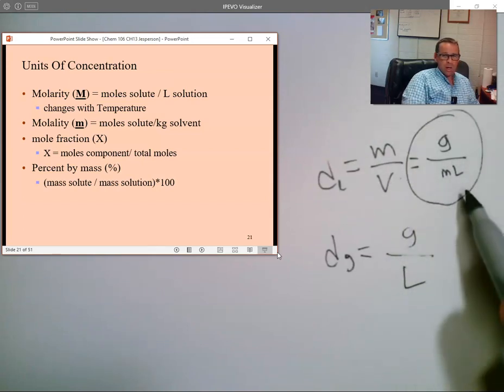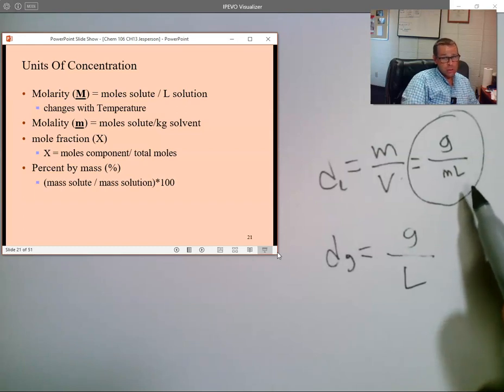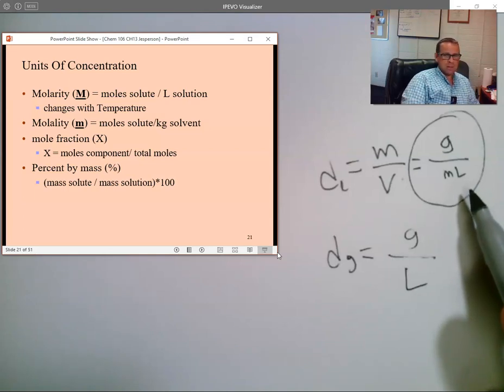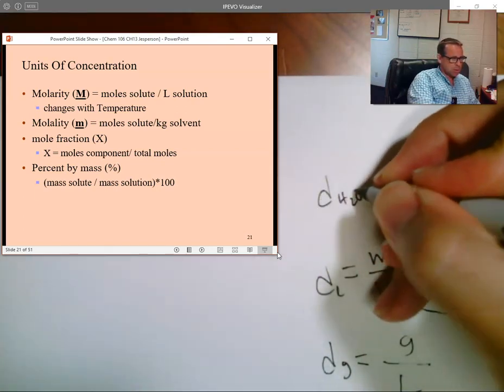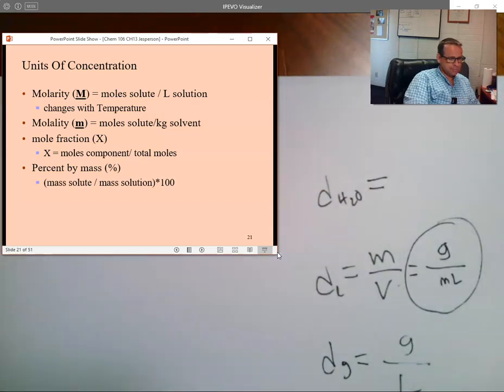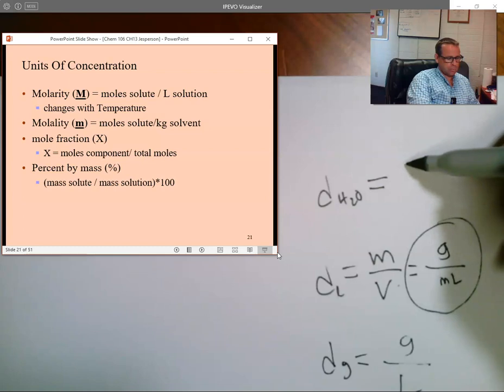But the reason why we say that oftentimes the mass of the solution might be similar to the volume of the solution is because of the density of water. Do you remember what the density of water is, Landon? Isn't it the standard 1? It's 1. It's not a standard.